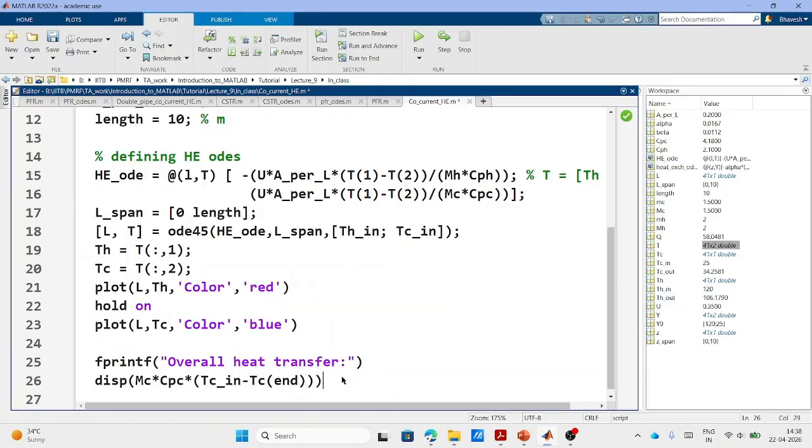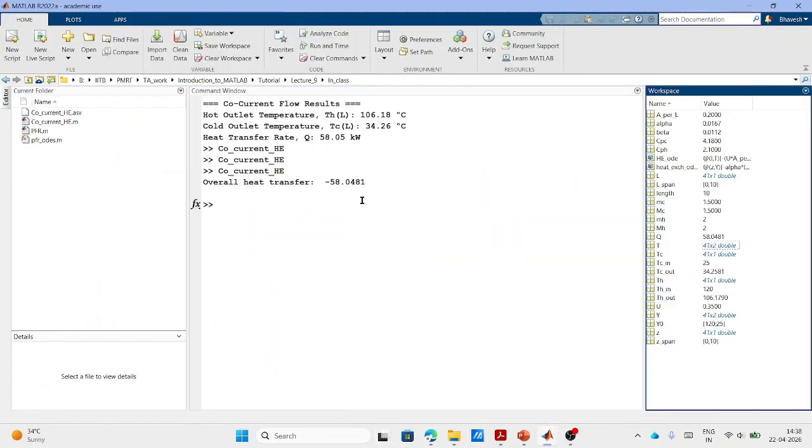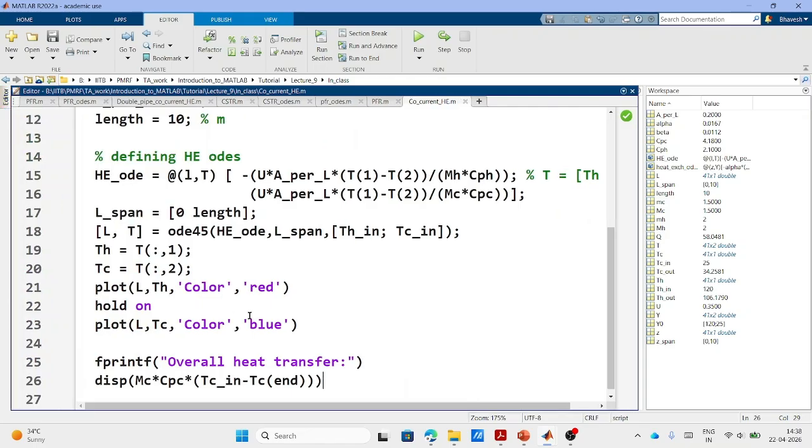So this will show the overall heat transfer. This much kilojoule heat transfer had occurred, right?